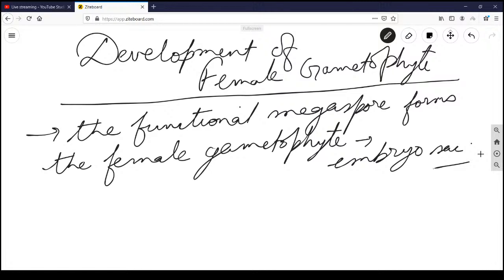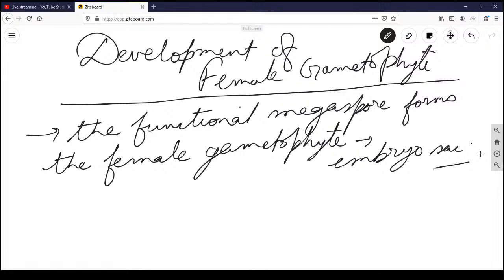Once meiosis has happened, again mitotic division would happen, just like the pollen grains, which had divided into one generative cell and one vegetative cell, and the generative cell divided again, mostly inside the vegetative cell, but sometimes in the pollen tube on its journey towards the stigma.